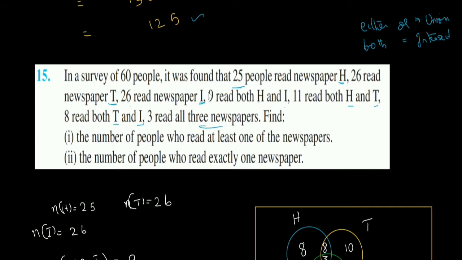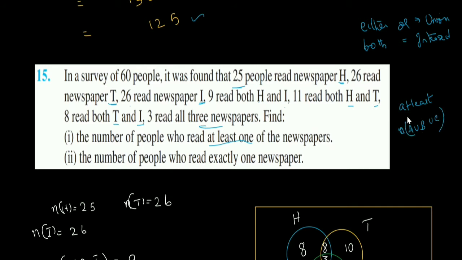Find the number of people who read at least. Again, the word at least means union, but here there are 3 sets, so we have to find A union B union C.